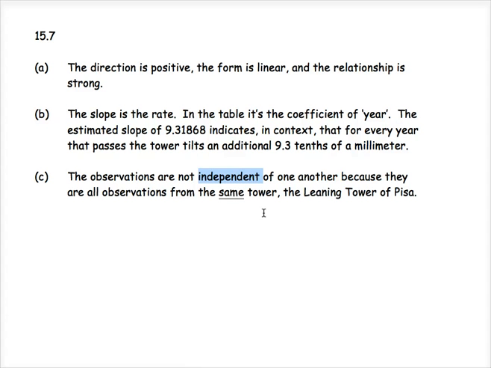The observations are not independent of one another because they are all observations from the same tower. They're all observations from the Leaning Tower of Pisa. So one observation is in fact dependent on the next observation because the tower is continuing to progress in its tilt. They are dependent. They are not independent. That's the reason why inference, whether a hypothesis test or building a confidence interval, wouldn't be appropriate in this context.